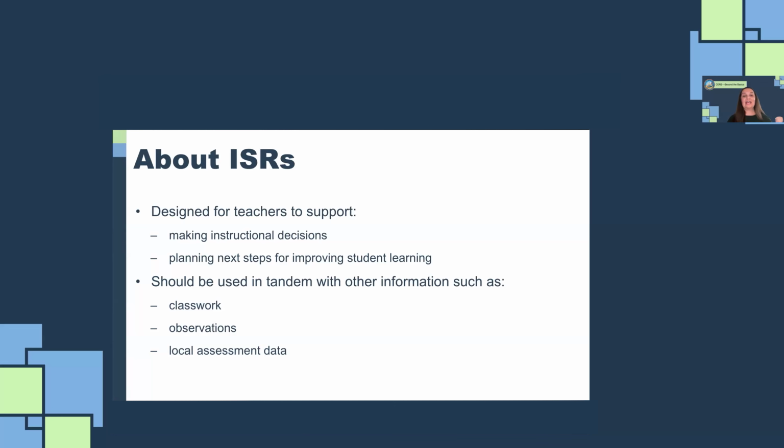And when ISRs and assessment results are analyzed alongside additional information, such as classwork, observations, and local assessment data, this can give teachers, coaches, and admin specific information about student progress. That can help us decide some instructional next steps and make decisions about maybe custom groups or students you'd like to work more with as you prepare for assessments annually or as you give the interim assessments throughout the year.